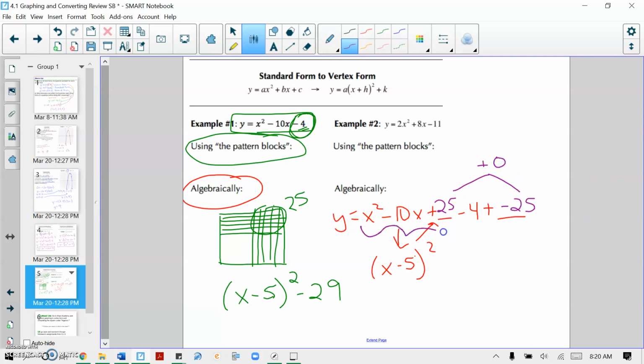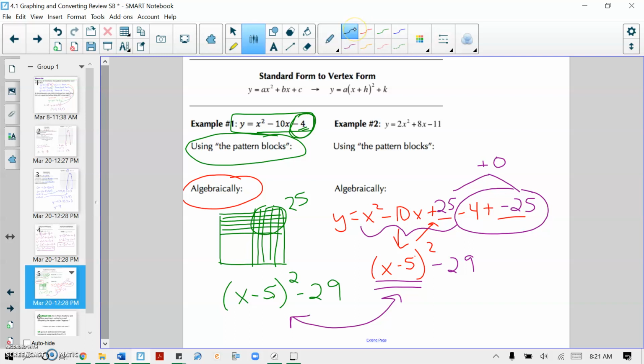So these first 3 terms turn into that perfect square, and then these 2 guys right here at the end turn into that last number, and you'll notice both of these answers are exactly the same. So it's up to you. Remember, I do recommend you know how to do both, but you'll see that'll come into play later.